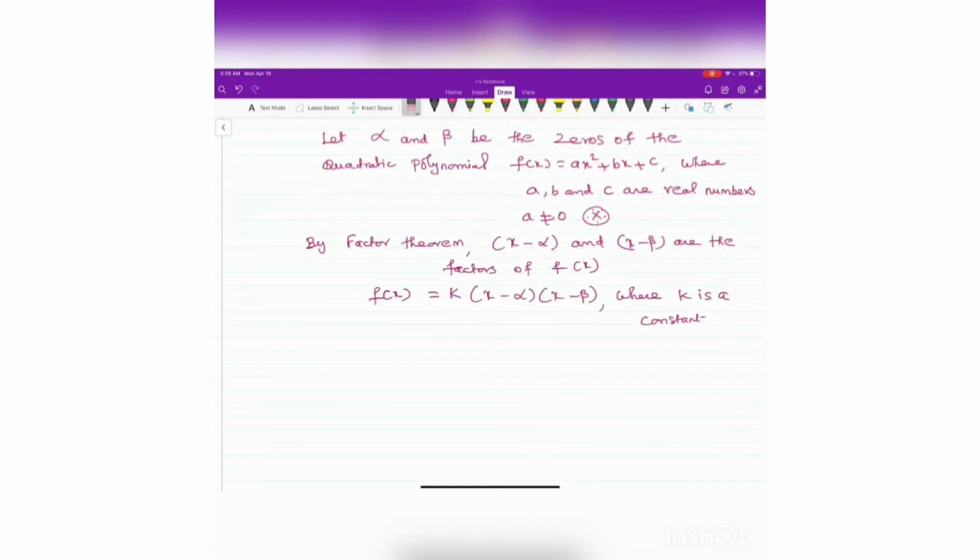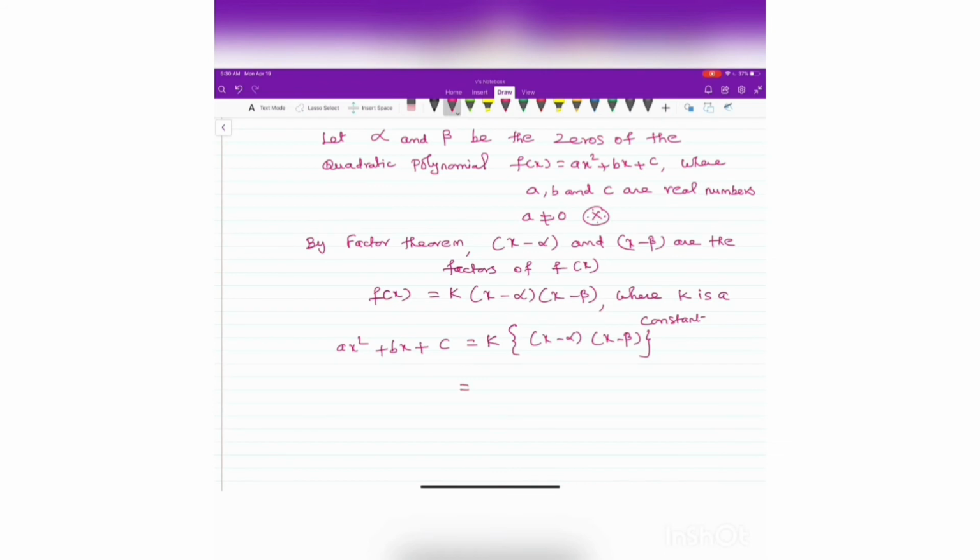So I can write f of x, that is ax square plus bx plus c, is equal to k into x minus alpha into x minus beta.